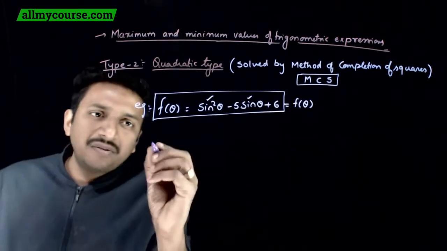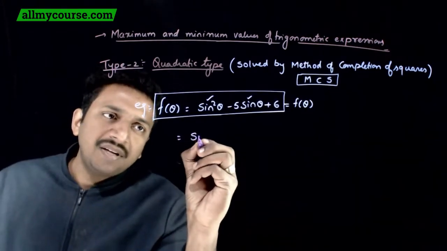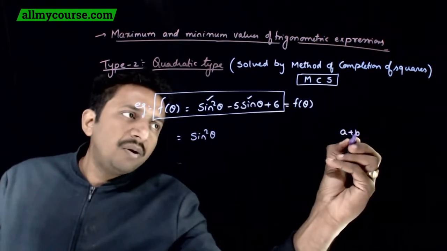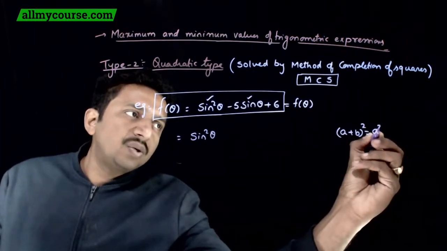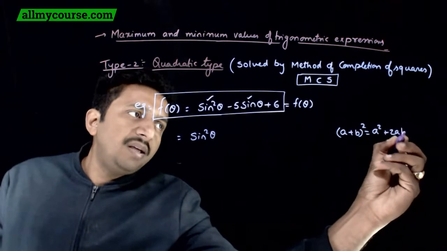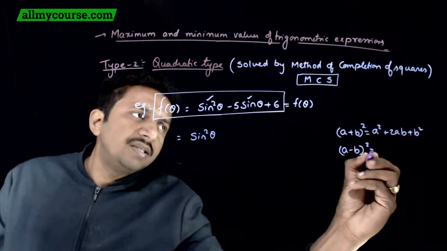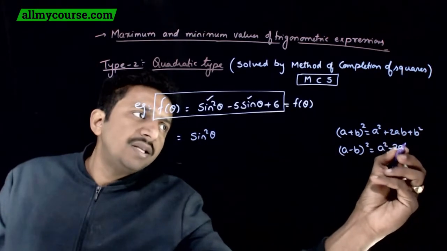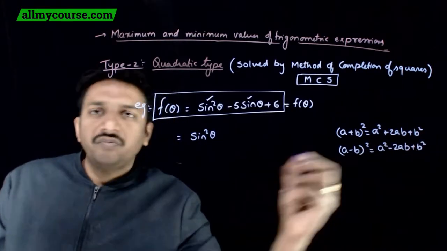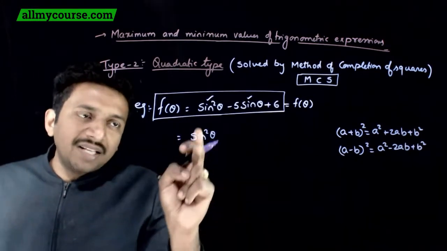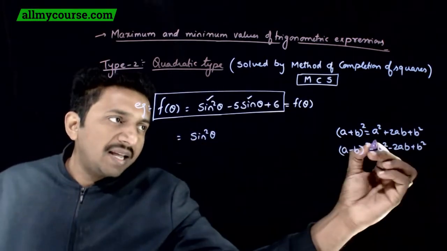So method of completion of squares is nothing but, you have sine square theta. We use the formula a plus b whole square is equal to a square plus 2ab plus b square, and a minus b whole square is equal to a square minus 2ab plus b square. We use these two formulas to complete the square. So you have sine square theta already, something like a square.